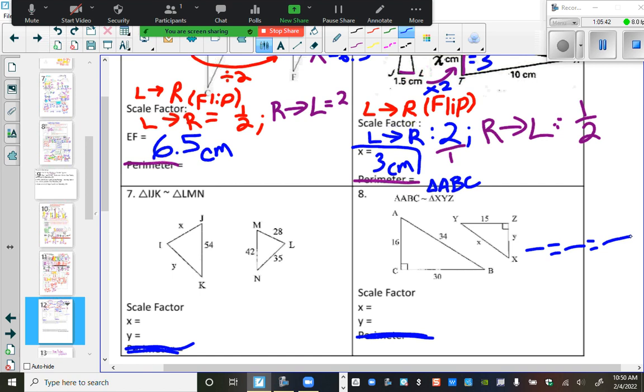Because the biggest one is the large number, so I just divided it by 2 to get 15. Okay? And in the end, you're going to be right, because you knew that BC is going to correspond to YZ.